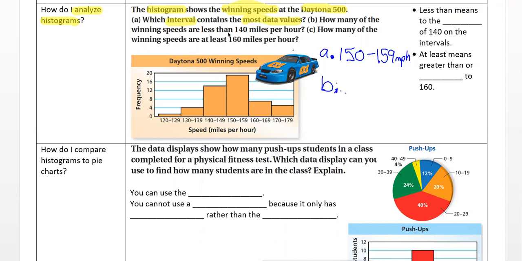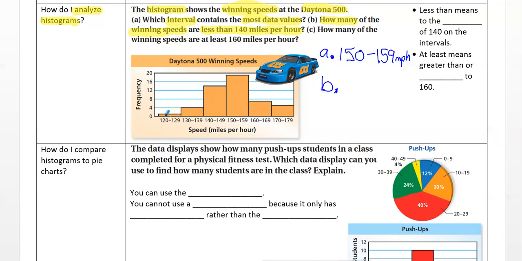Okay, so this says now, how many of the winning speeds are less than 140 miles per hour? Well, here's 140. So where's less than? To the left or to the right? And of course, numbers to the left on the number line are less. So if we're asking how many of the winning speeds are less than 140 miles per hour, we're looking for the frequency.